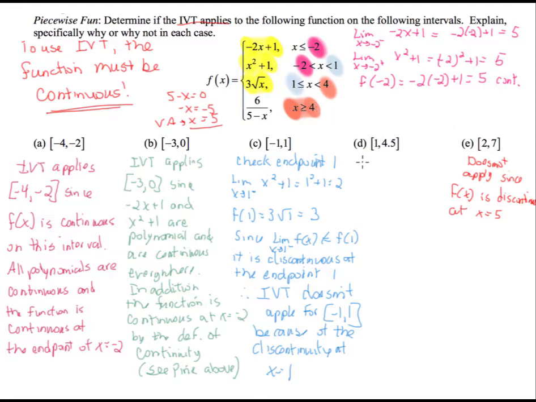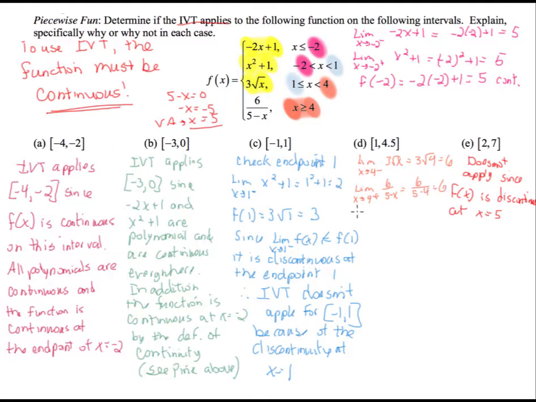So let's check the continuity at x equals 4, because everything else has already been proven. I'm going to look at the limit as x approaches 4 from the left, which would be the third equation, which is equal to 6. And we'll compare that to the limit as x approaches 4 from the right, which would be the rational function, the last equation. That answer also gives me 6.